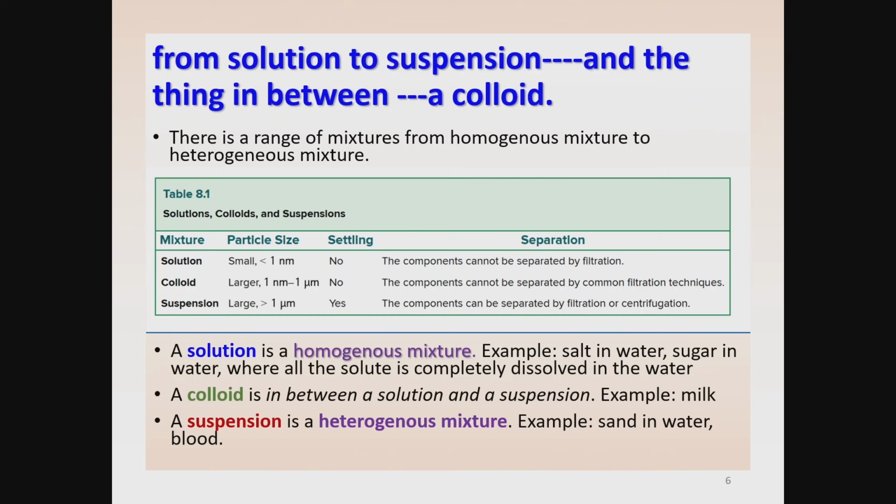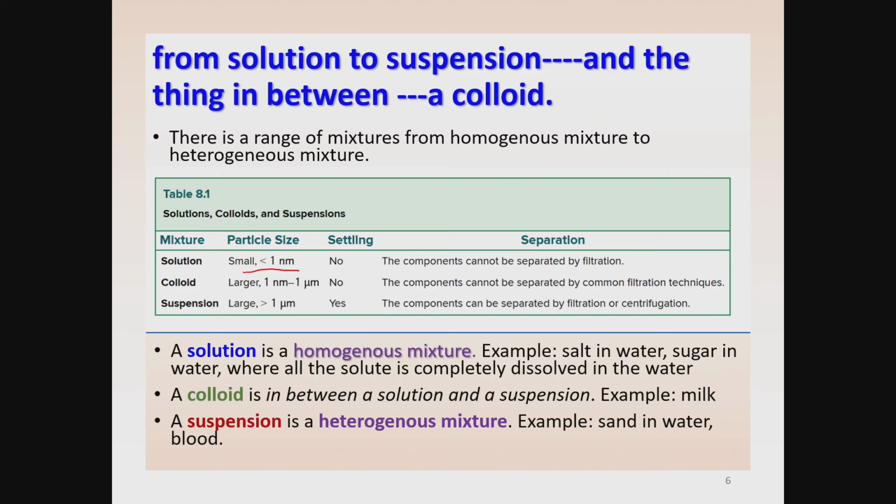So you probably have seen a solid dissolved in the water, which is a solution. So for example, if you dissolve sugar into water, that is a solution. So here, the water is the solvent, the sugar is the solute, and as you can imagine, the molecules of sugar are extremely small, and so they're going to be less than 1 nanometer in size.